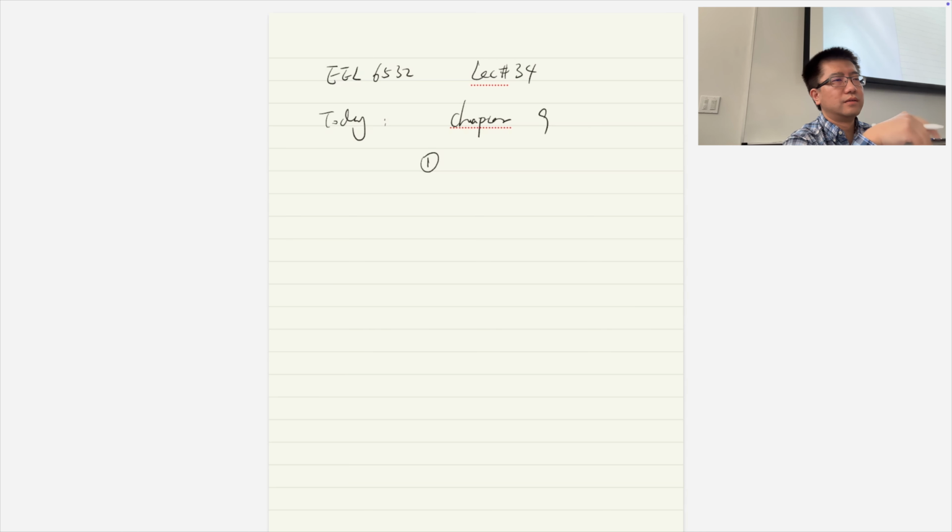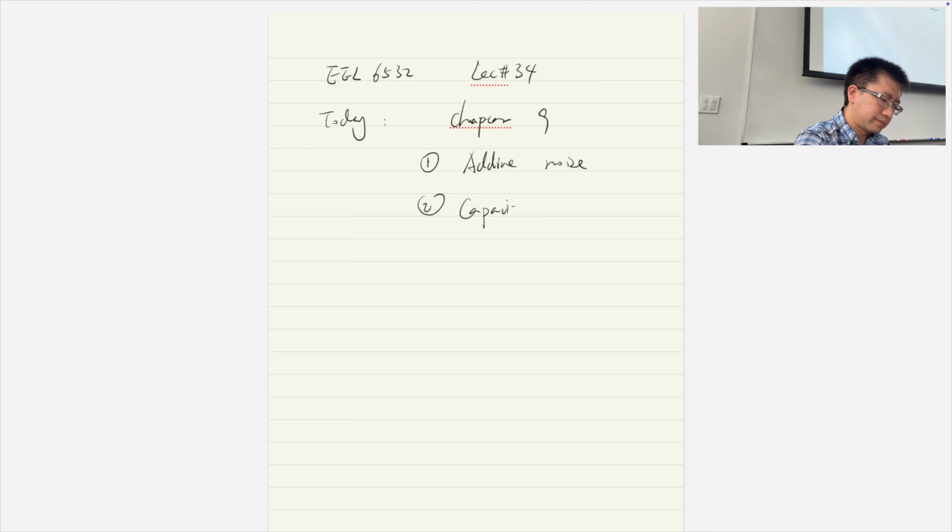Gaussian noise channel. First, we need to introduce what additive noise is, and then we'll talk about the channel capacity of the additive white Gaussian noise, or AWGN, channel.